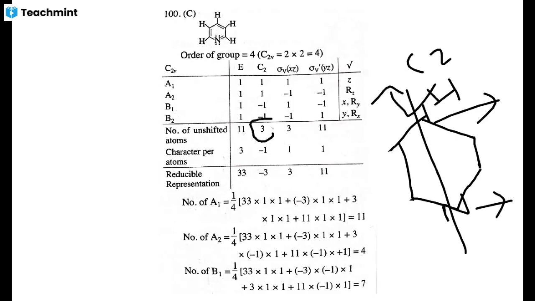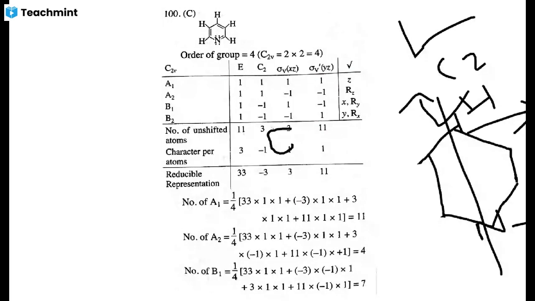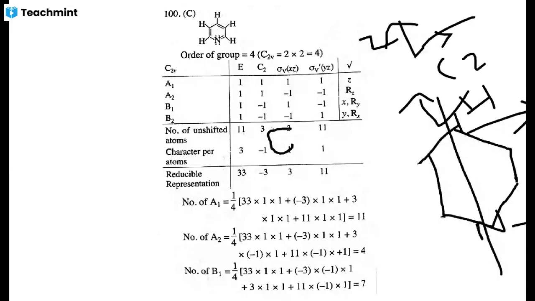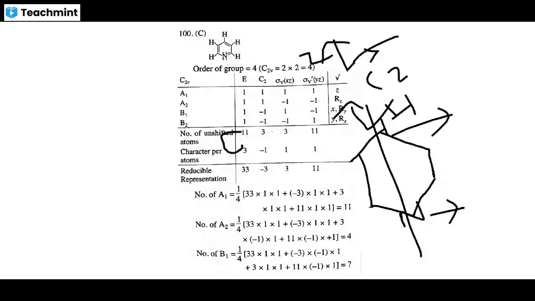Sigma v xz also, this plane. So this is z and this is y. The x-axis is perpendicular to it.